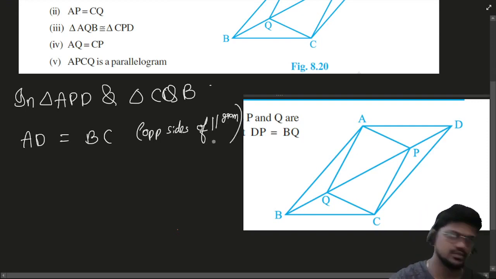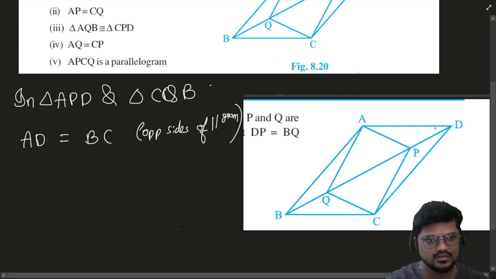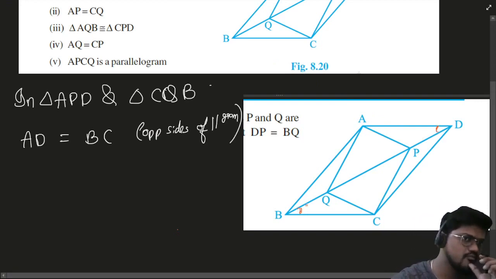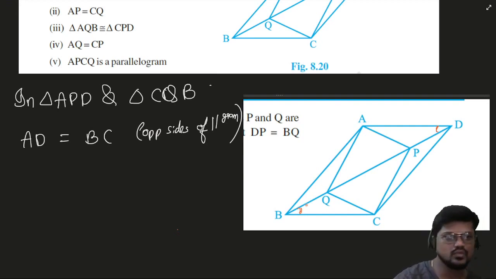After that, this angle will be equal to this angle. Since AD is parallel to BC, this angle is equal to this. What is the reason? Because it creates a transversal, and they are alternate angles.